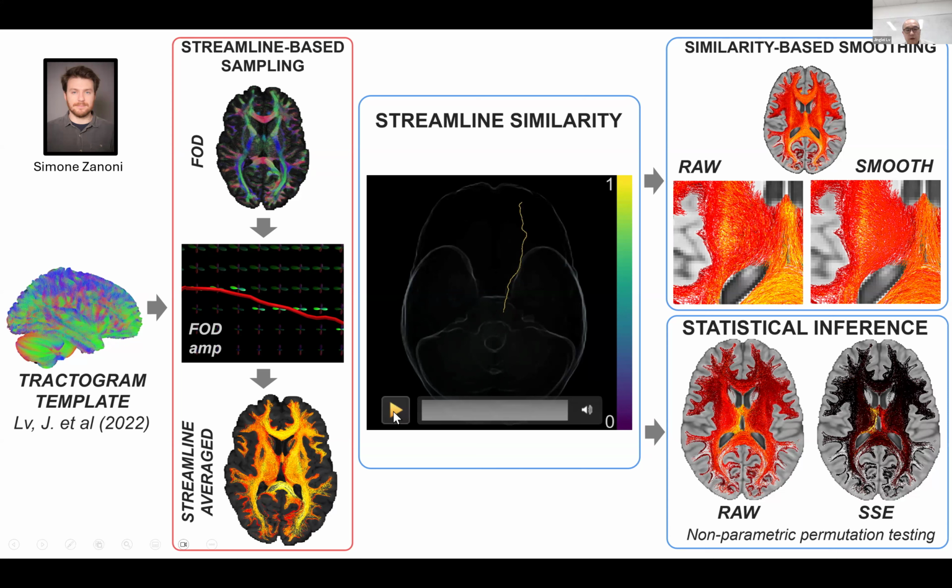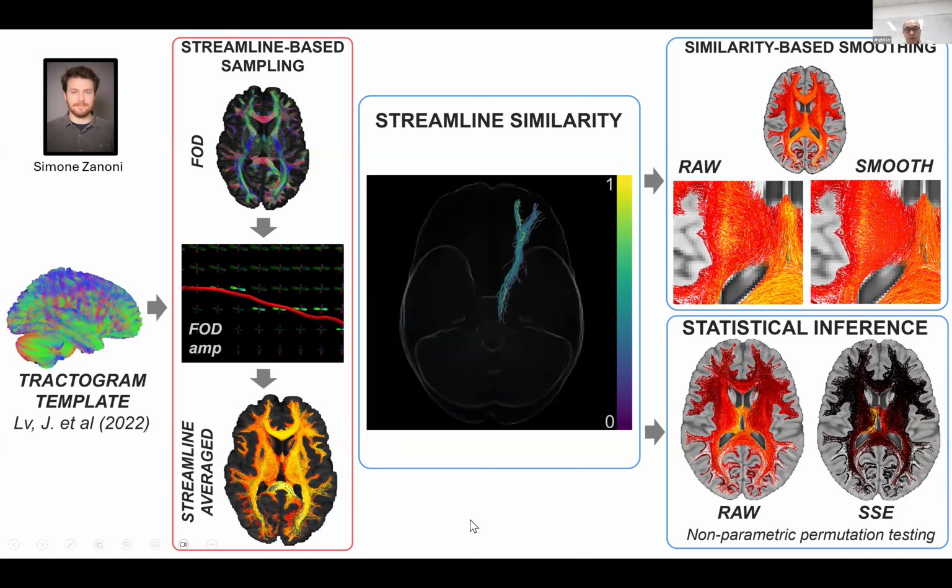Secondly, we're developing the similarity measurement or distance measurement between streamlines. Following this, we can do streamline-wise smoothing, and we can also enhance the statistical inference based on the similarity or distance measurement.